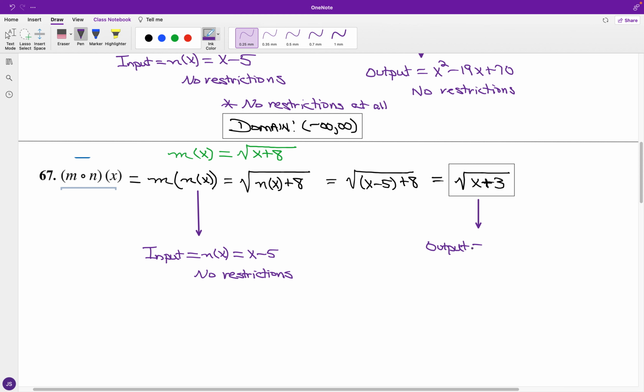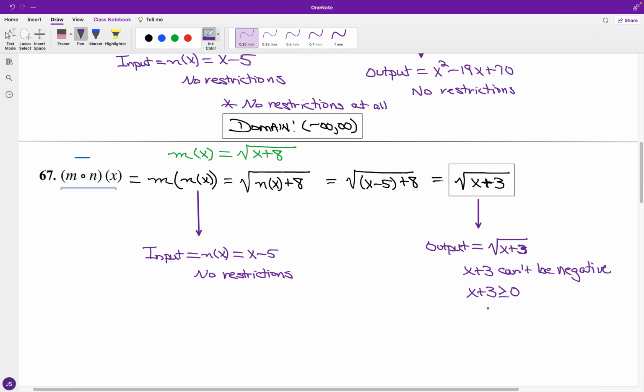And again for the output, we have the square root of x plus 3. So we got an even root radical expression. Again, x plus 3 cannot be negative. But again, x plus 3 can be 0 or positive.